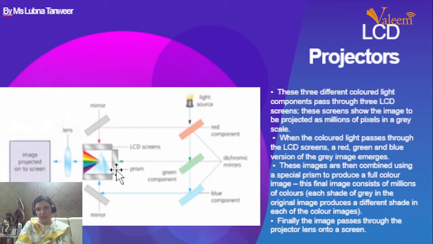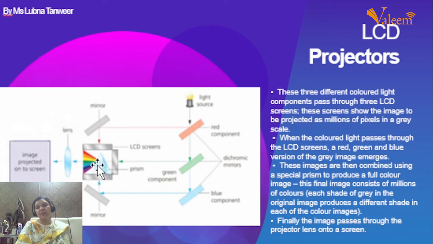So what is the working, and what is the way all these things are arranged? This is the light source. Then these are the chromatic coated mirrors which are used to reflect the light. When the light is reflected, its wavelength and color are changed. Then this light is reflected towards these LCD screens, which form monochrome images of three different colors.